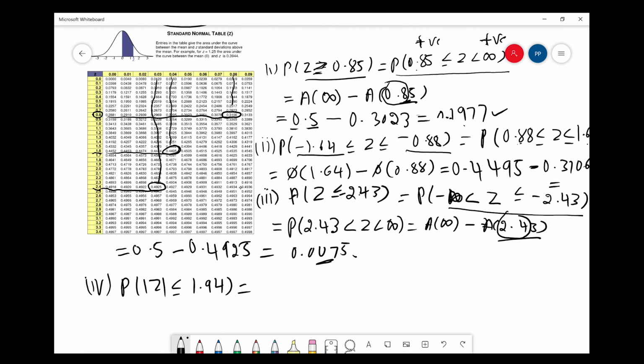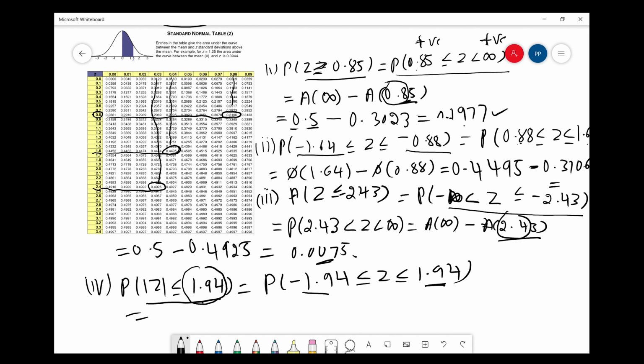When you are given modulus of z less than or equal to some constant, you get the interval from the negative of this value to that value. That means this can be written as the probability of minus 1.94 less than or equal to z less than or equal to 1.94. Now we have an interval from negative to positive.